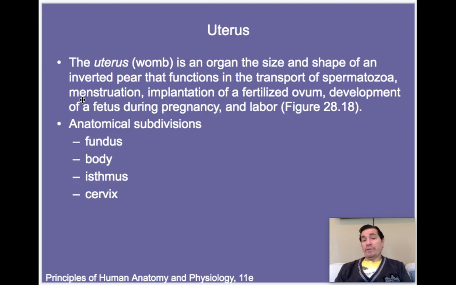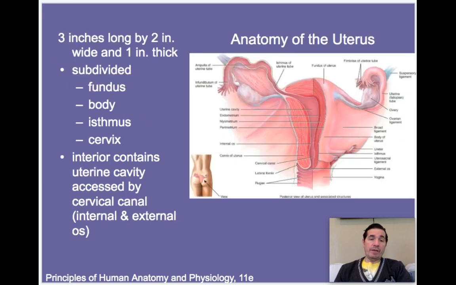Also, when we look at the uterus, which is also known as the womb, it's shaped like a pear upside down. It has a lot of things that can happen in it, but there are sections of it. There's the fundus, the cervix. The cervix is narrowing to allow for the opening to the vagina.